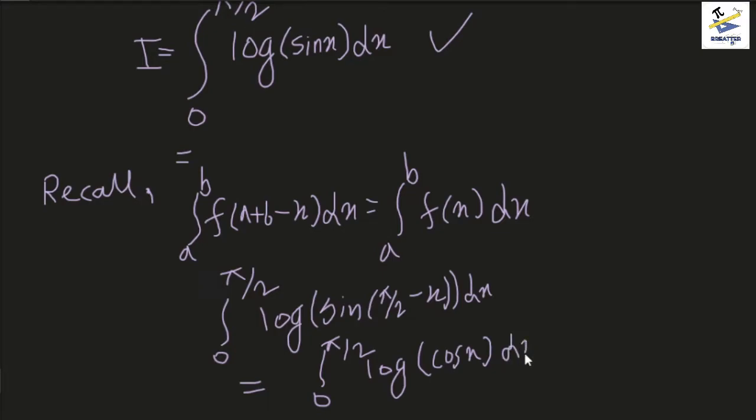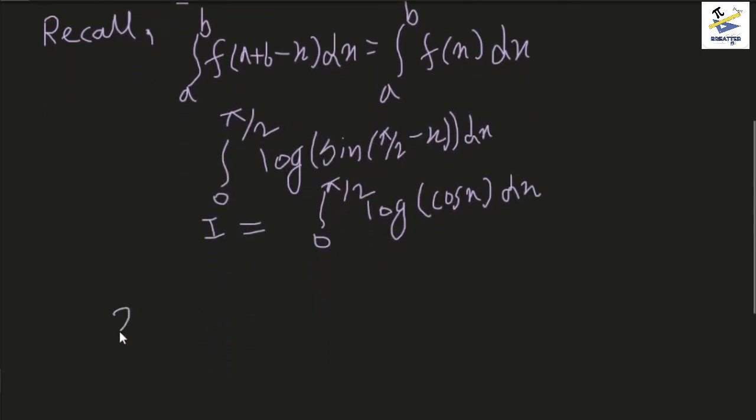And when you add, since this is also I, as we have already told, I plus I is 2I, and 2I would be equal to log of sin x plus log of cos x, and you know logarithms add together to give a multiplication. So basically it would be the integral from 0 to pi by 2 of log of sine 2x by 2, because 2 sin x cos x is sine 2x, right?